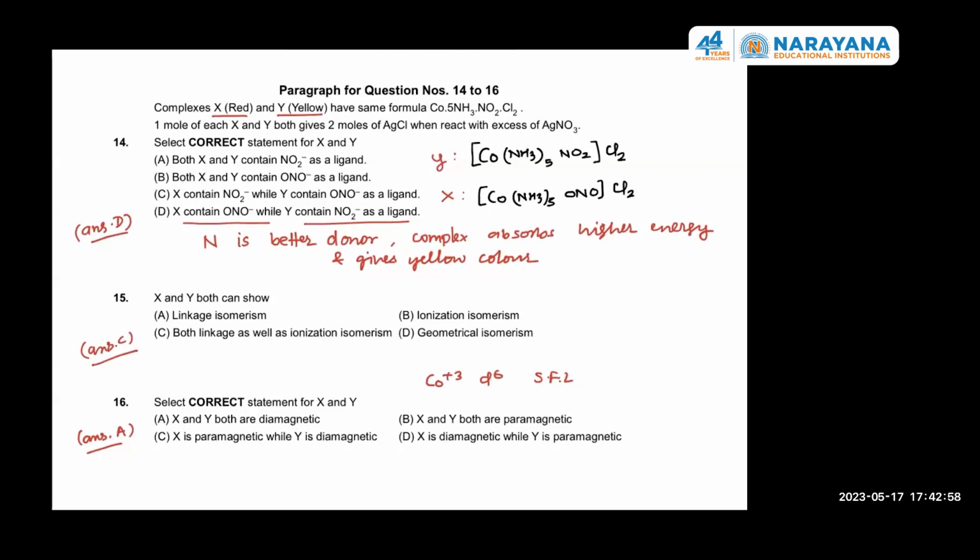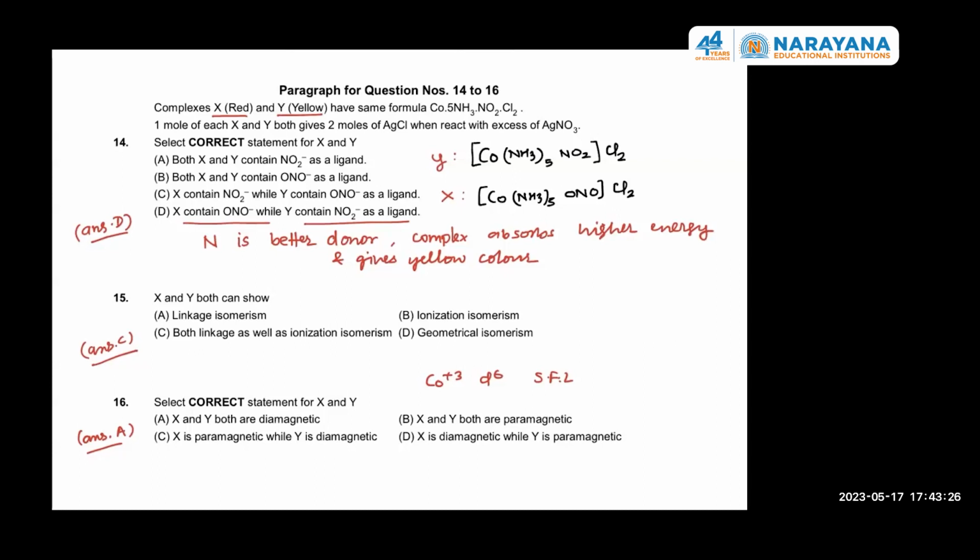Isn't red lower than yellow? See, the colors are given here. X is red and Y is yellow. We just have to say which should be X and which should be Y on the basis of absorption of energy. Red is higher in energy, but its complementary color will be shown, which is yellow. The complex absorbs higher energy and gives yellow color.